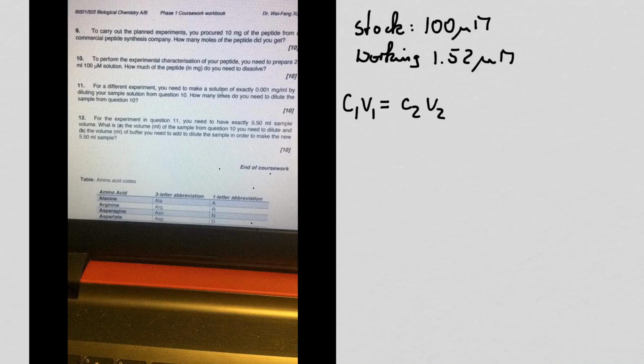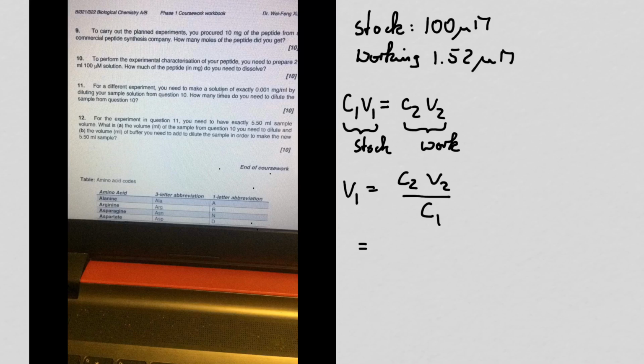So let's say that here is the stock, and that here is the working solution. You are looking for V1. V1 equals C2V2 divided by C1. And all we need to do is plug in our numbers.